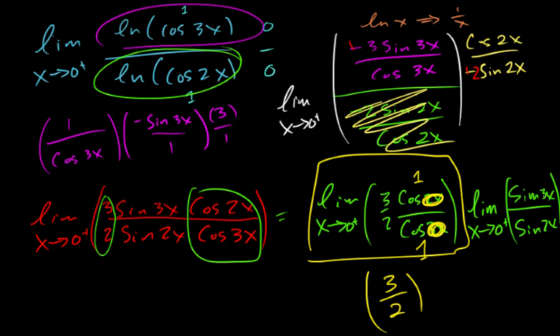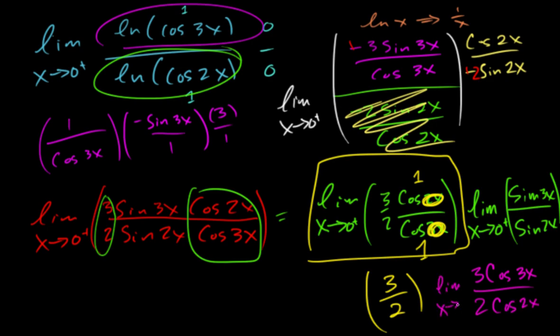Over here the issue is if we plug in a 0 here and a 0 here, sine of 0 is 0 and 0. So we get indeterminate form again. So we need to use L'Hopital's rule one more time. If I take the derivative of sine 3x, we're going to get cosine 3x and then multiply by the derivative of the inside, and then we get 2 cosine 2x.